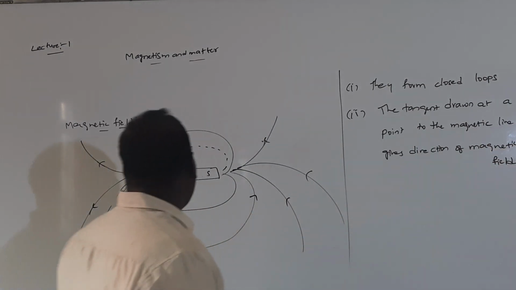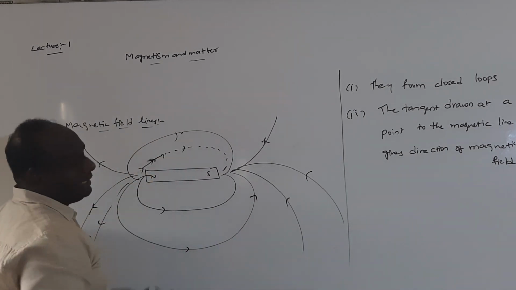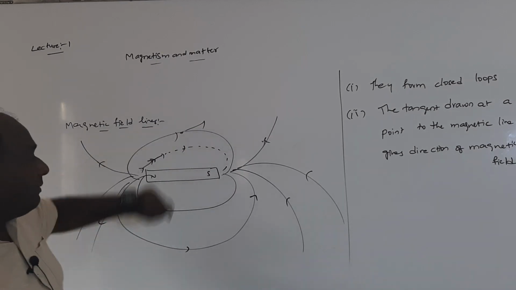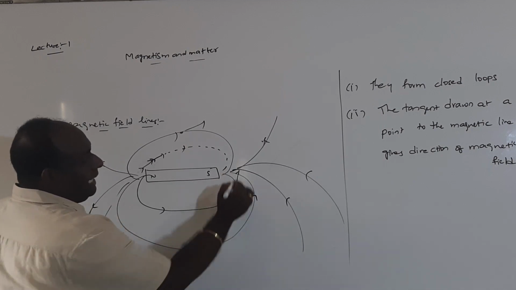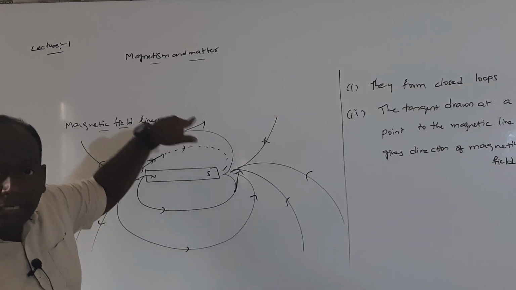So see, this is a point. I want to know the direction of magnetic field at a particular point. So at this point I want to know the direction. Draw a tangent. The tangent drawn at a particular point gives the direction of magnetic field at that particular point.